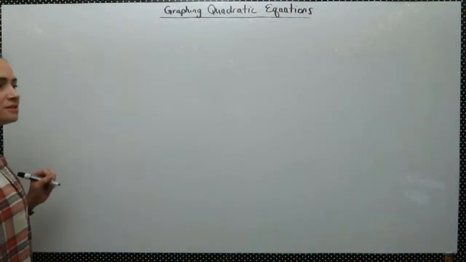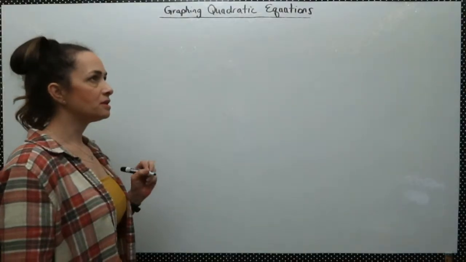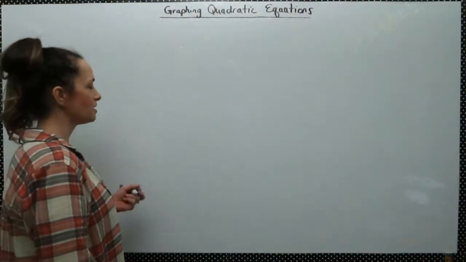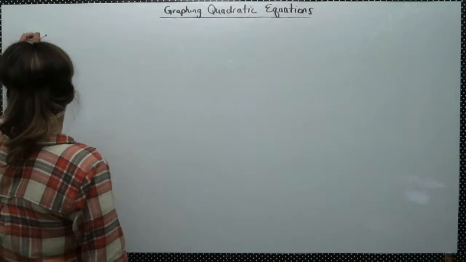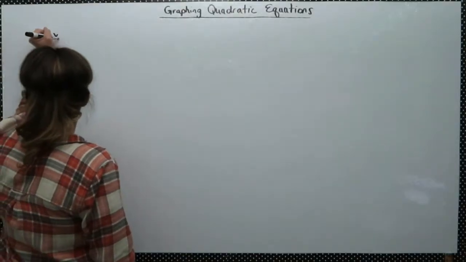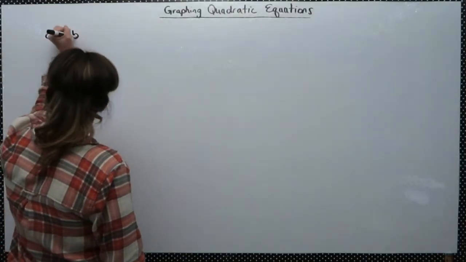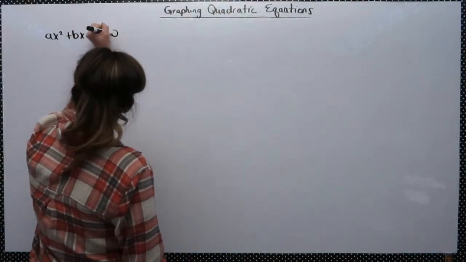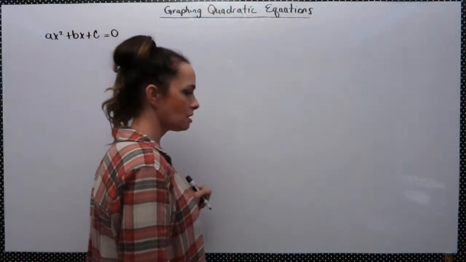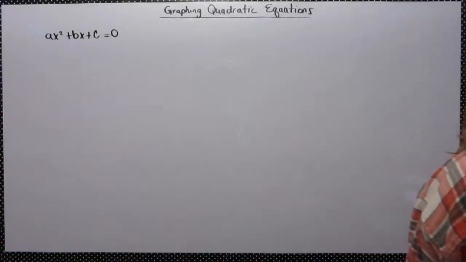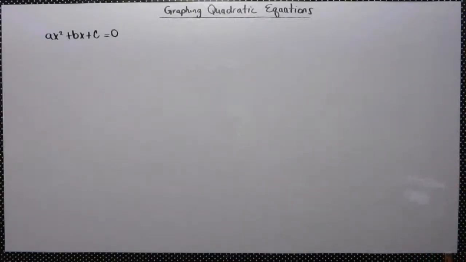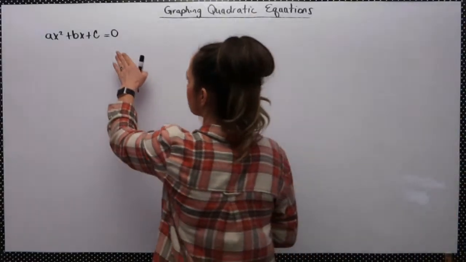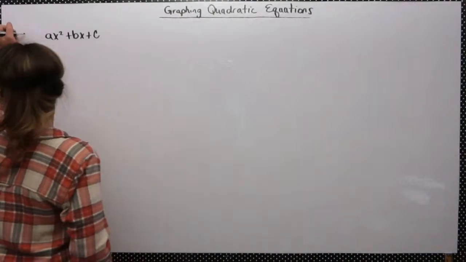All right, so everything I know about quadratics. They're in the form ax squared plus bx plus c equals 0. Or I'm going to back up and say it's y equals. I'm not going to say equal to 0 yet.